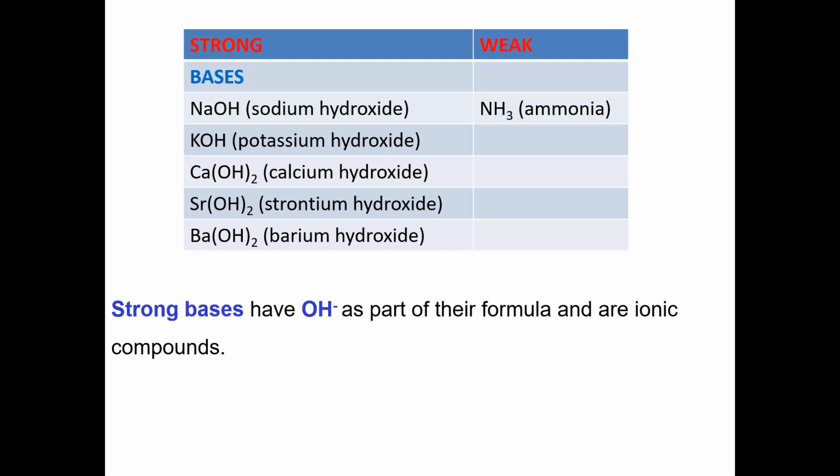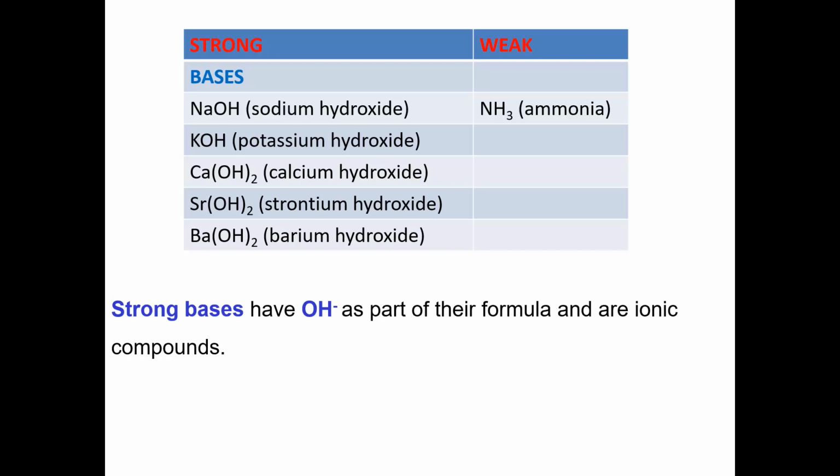Strong bases are ionic compounds that contain the hydroxide ion. They're commonly group 1A and group 2A metal hydroxides. Most metal hydroxides are not water soluble. That's why we're limited to group 1A and group 2A if you think about the solubility rules.